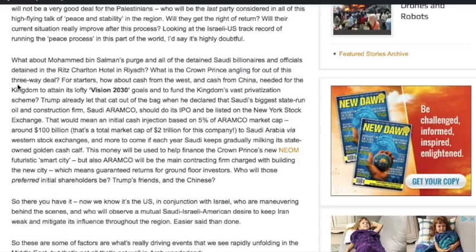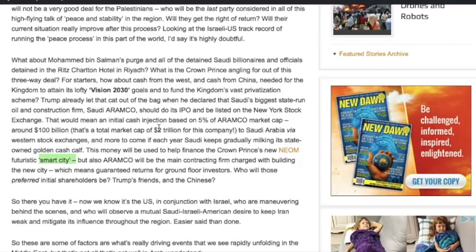That the Crown Prince has this Vision 2030, right? And Vision 2030 is all about revitalizing Saudi Arabia for NEOM. The what? The smart city. So if you watch those smart city interviews for NEOM, you have all those trillionaire, billionaire type people there saying, oh, this is so great because Saudi Arabia formerly had oil, but guess what?